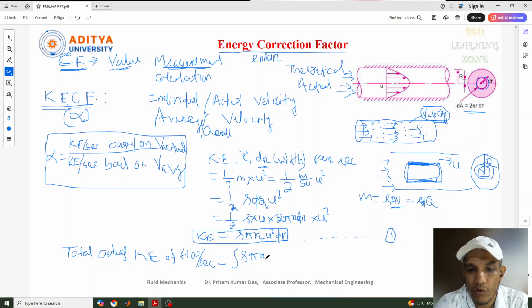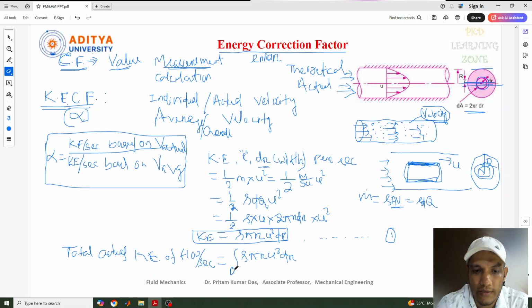Let me write rho pi r u cubed dr with the integration. As I told, for the total actual energy, that means for the whole pipe, whatever the velocity or kinetic energy is, we need to consider.